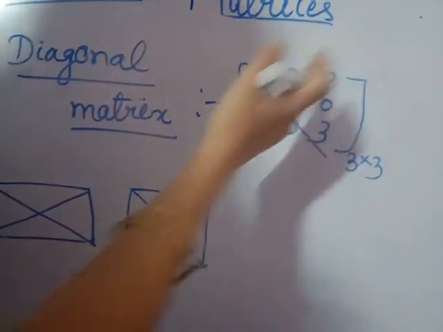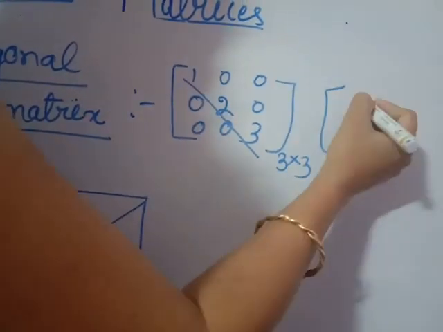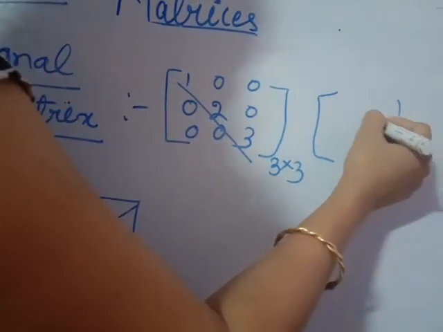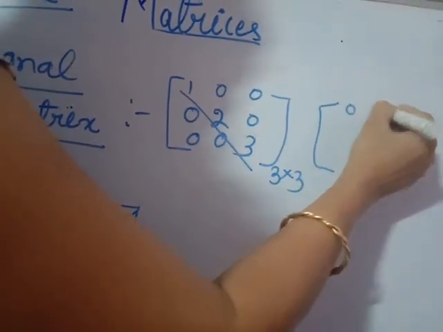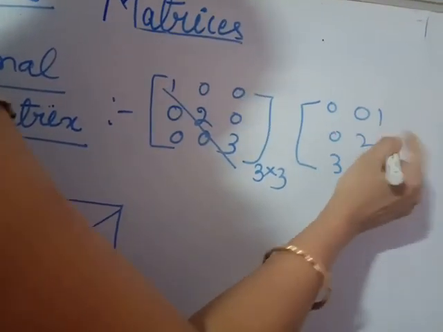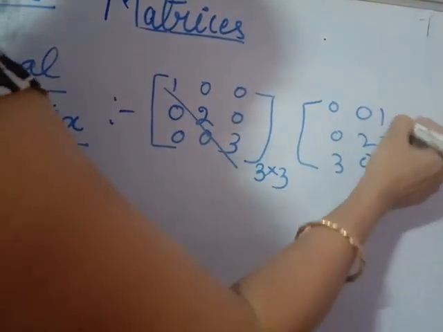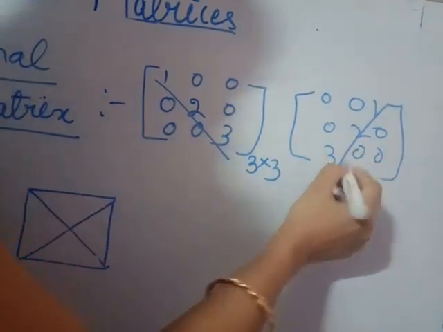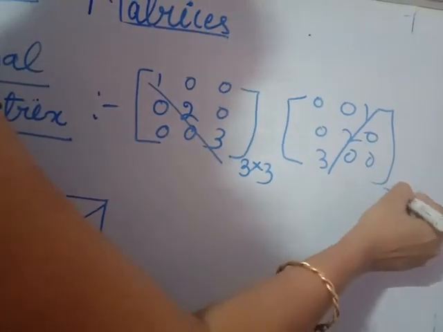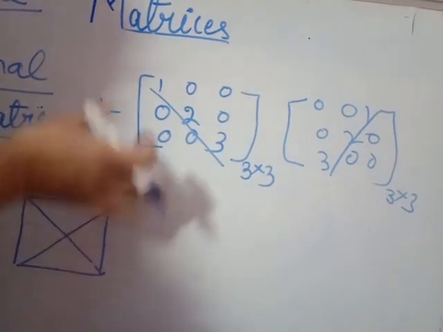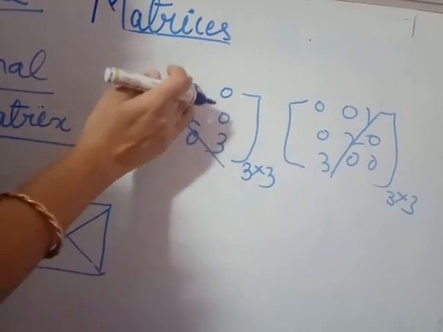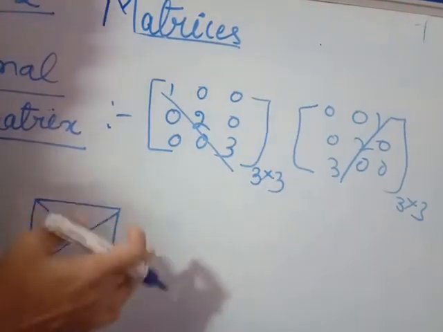Like this, suppose you write 1, 2, 3 in another arrangement, so you can put 0 here also: 0, 2, 0, 3, 0, 0. So it is also in the form of a diagonal. This is also a 3 into 3 matrix, and this is also called a diagonal matrix, because except the diagonal all the elements of these matrices are 0.